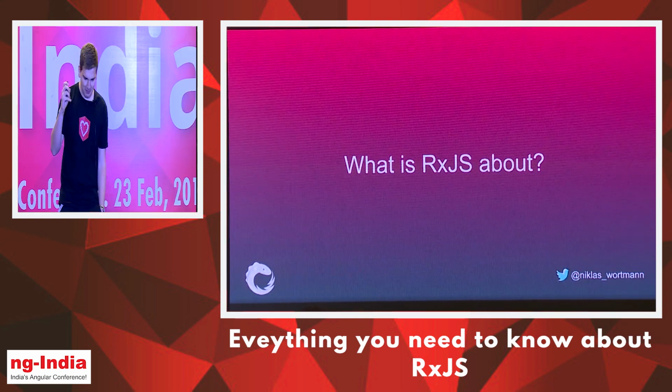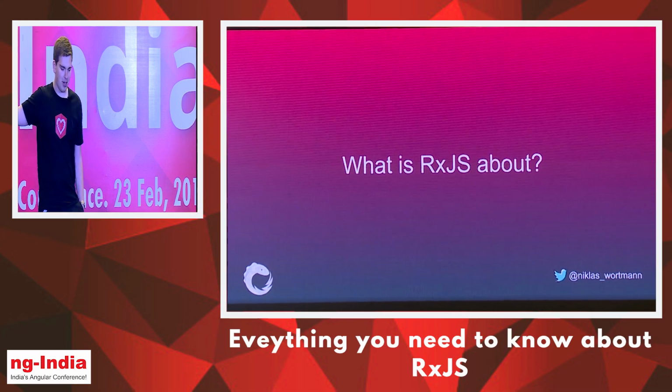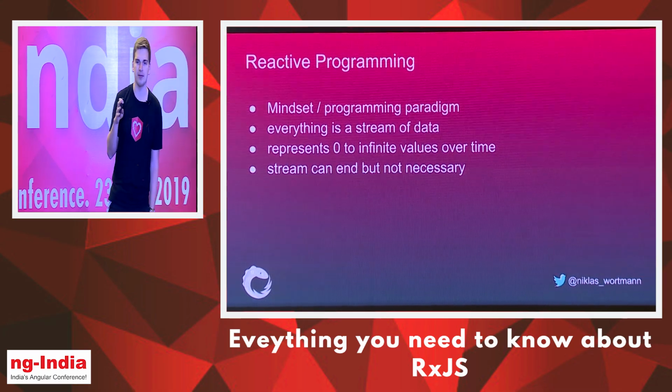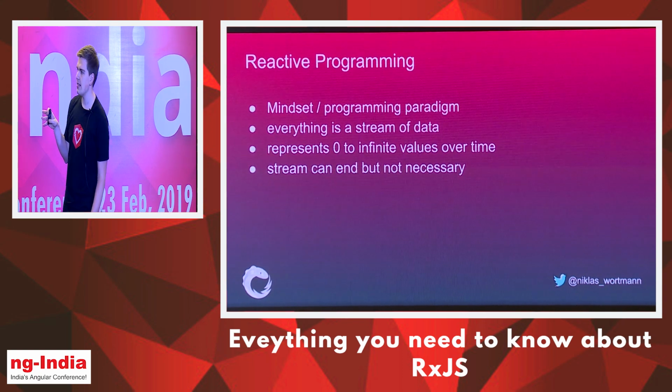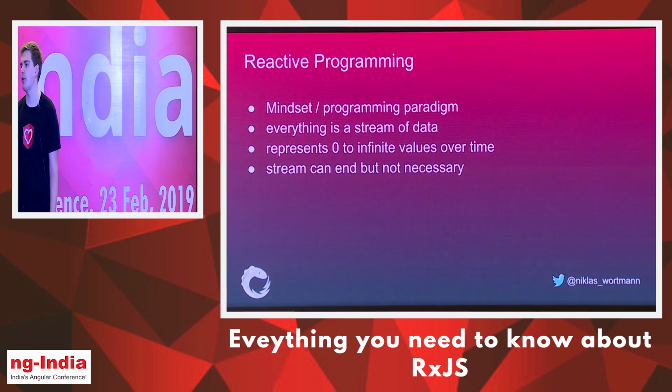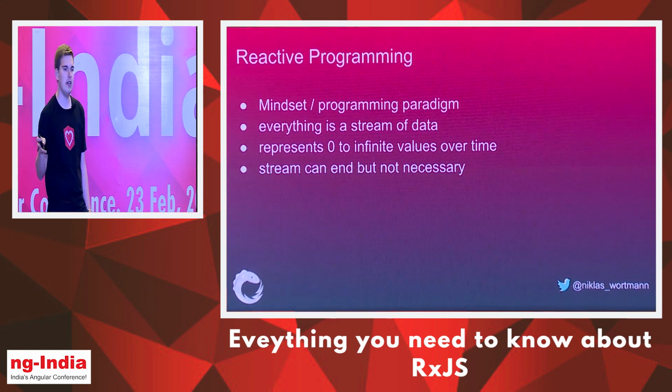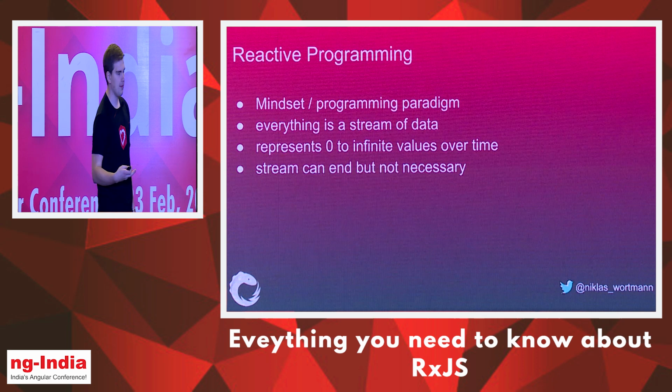Okay, let's start. What is RxJS about? RxJS is mostly about reactive programming because it's the default or standard library for reactive programming in JavaScript. So the better question, instead of asking what is RxJS, is what is reactive programming?